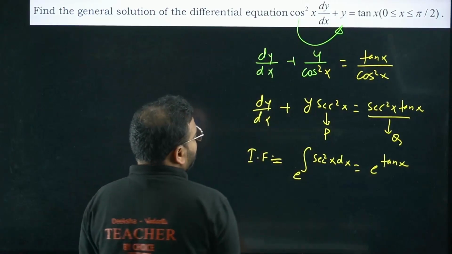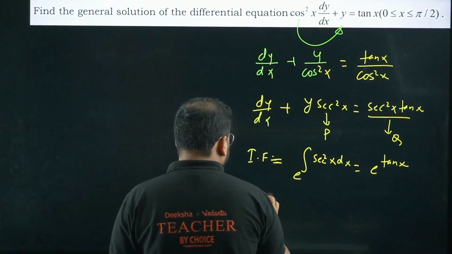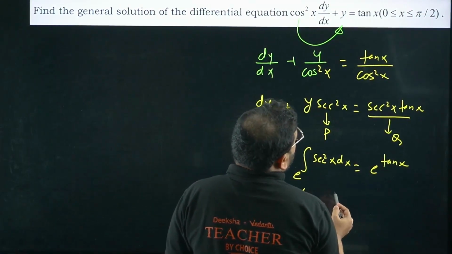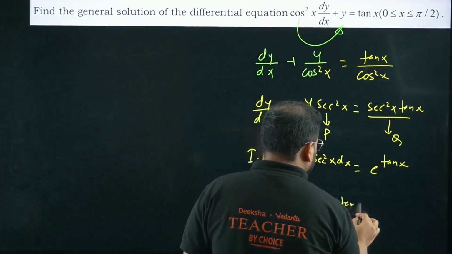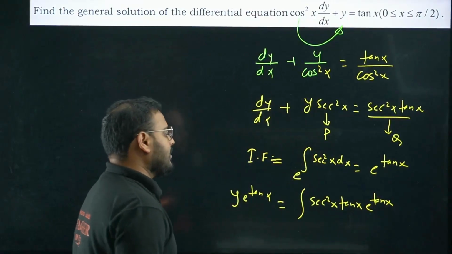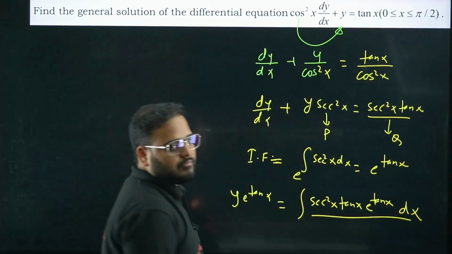Now the answer will be y times e power tan x equals integration of Q. Where is Q? Q is this sec square x tan x times e power tan x, the IF value. Again there's a dx over here. We're going to use this part with the help of substitution. We have to solve it by parts.